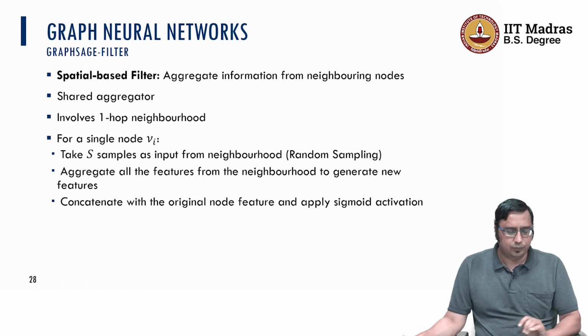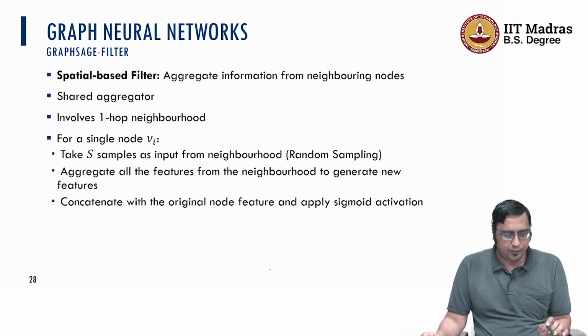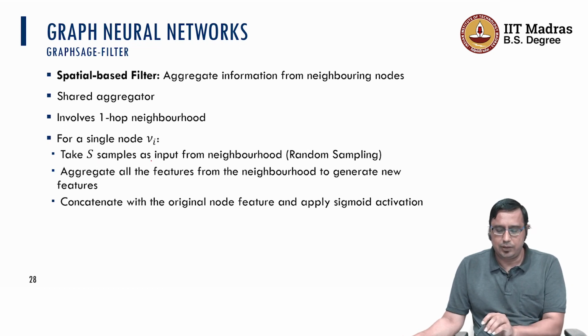How does it work? For a single node Vi in the graph, we take S samples as the input from the neighborhood using some random sampling.